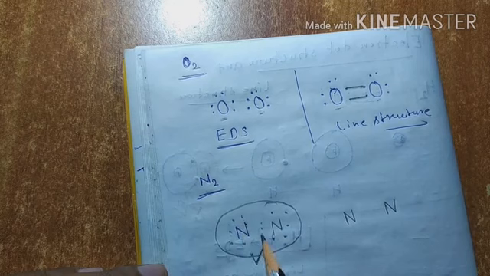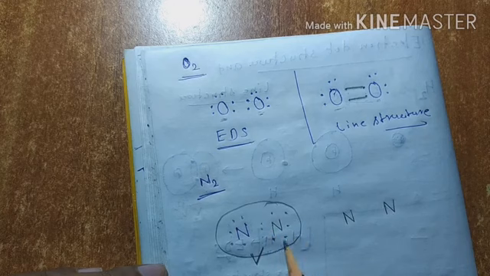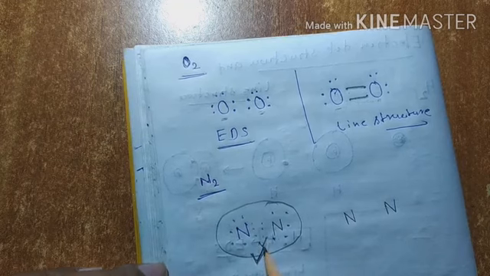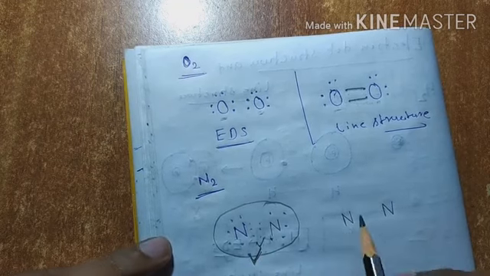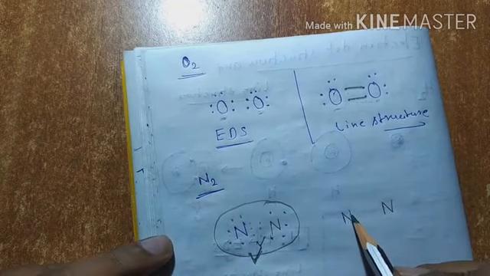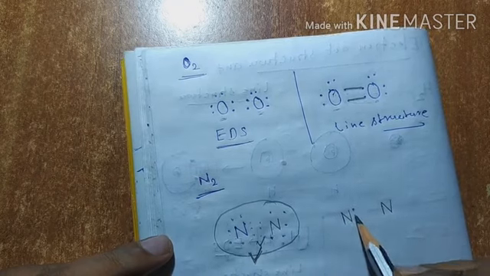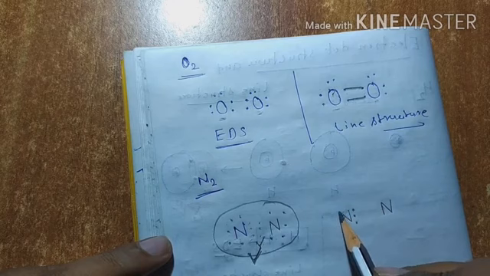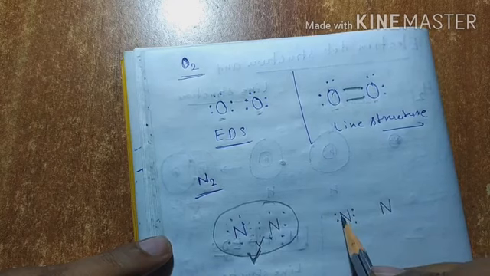So 5, 6, 7, 8. Understood? And this one also has 5 electrons. So they also need 3 electrons. So this electron should be like this, in this direction. Okay, so it will be looking good now. So 3 electrons, 5 electrons in total. 1, 2, 3, 4, 5.